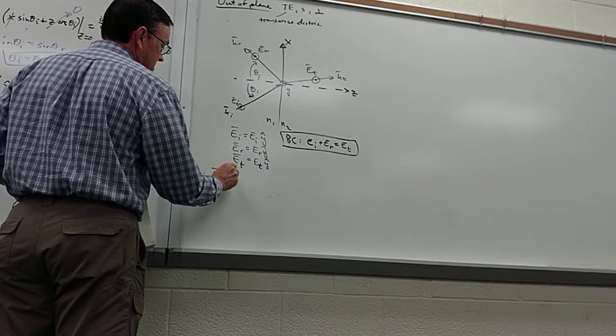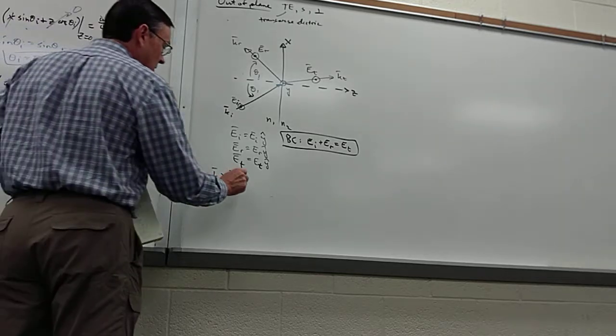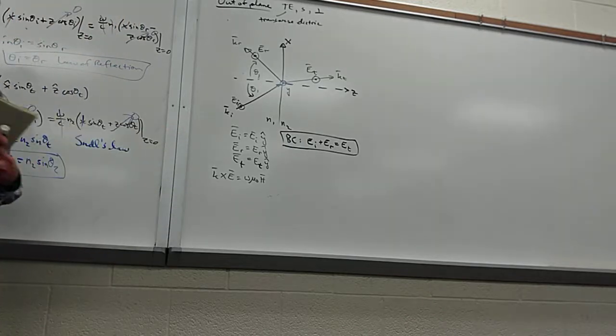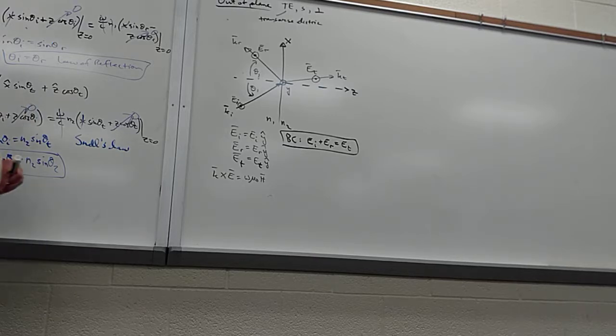K cross E is equal to omega mu naught H. Right? From the Maxwell equations, this is Faraday's law, when you substitute in for a plane wave, this is how it works out.